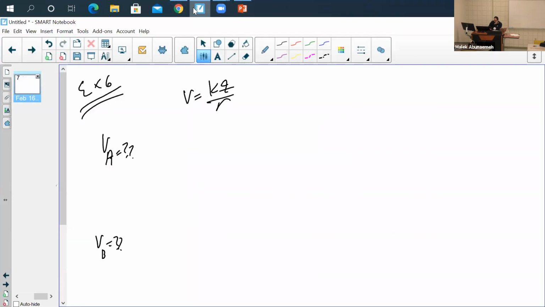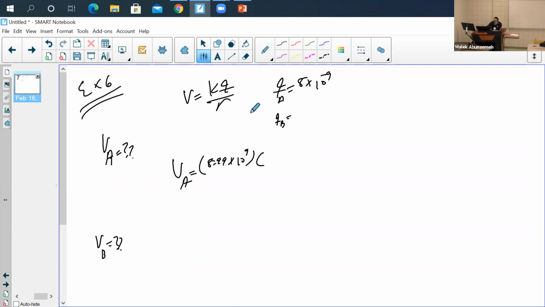So that means your voltage at A is going to be your K, which is 8.99 times 10 to the 9th power. We said that Q, let me just write this down, is 8 times 10 to the negative 9 on A.